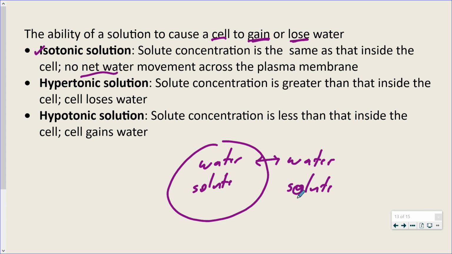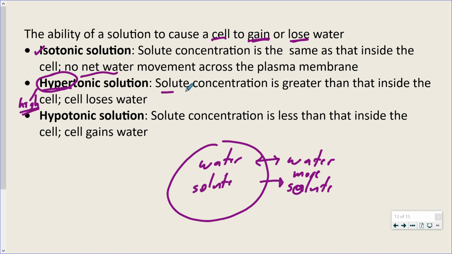If we do have more solute outside of the cell, then that's going to cause the water to move out. So if we have a hypertonic solution, hyper does mean high, and it's referring to the solute.